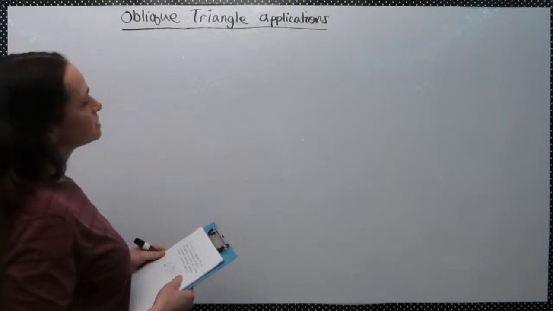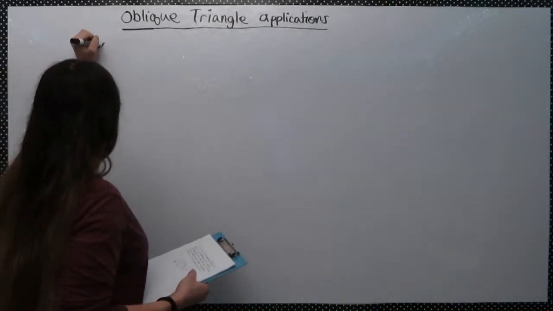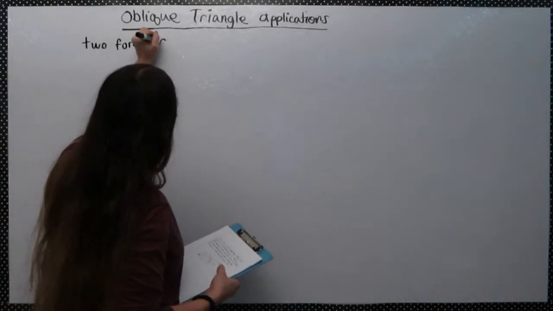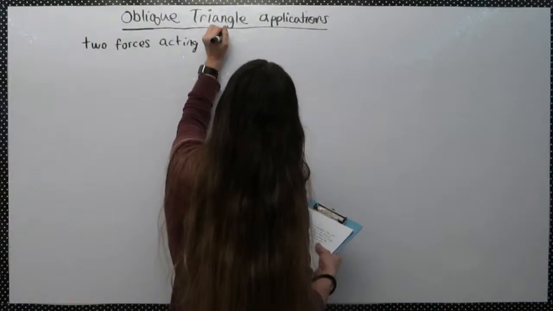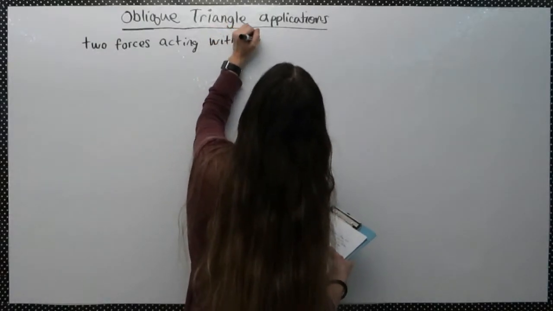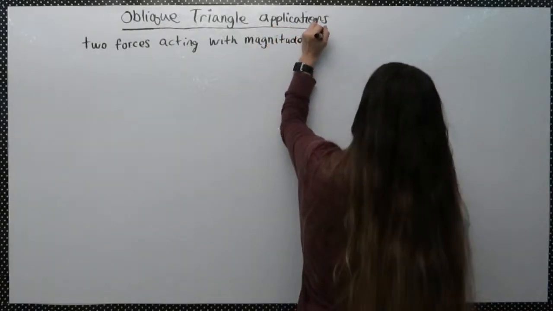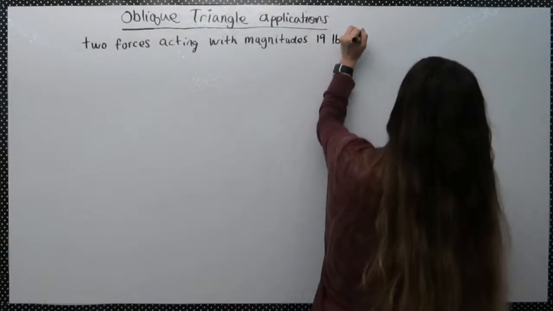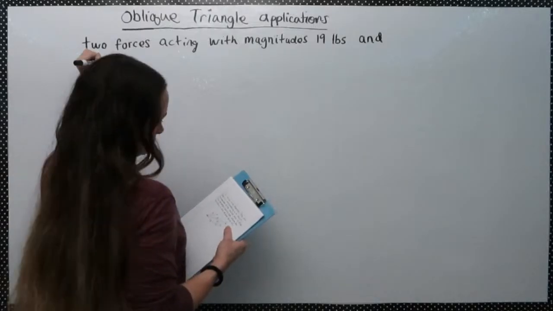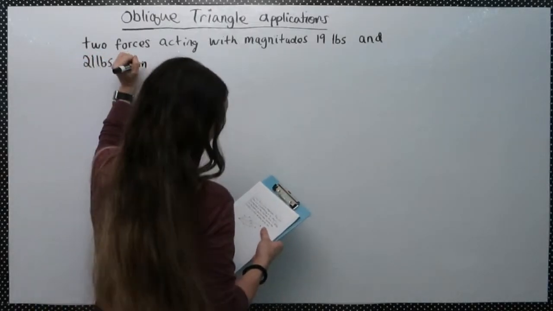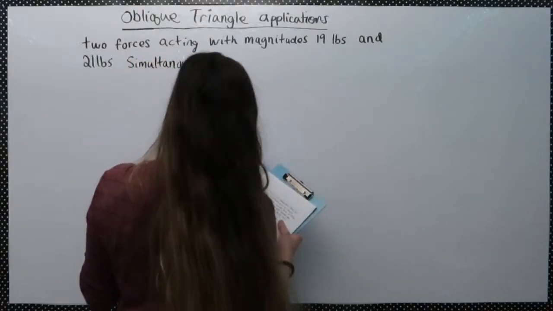All right, so this one is dealing with two forces acting on an object. And it says two forces acting with magnitudes of 19 pounds, we'll abbreviate, and 21 pounds simultaneously, let's see if I spelled that right.